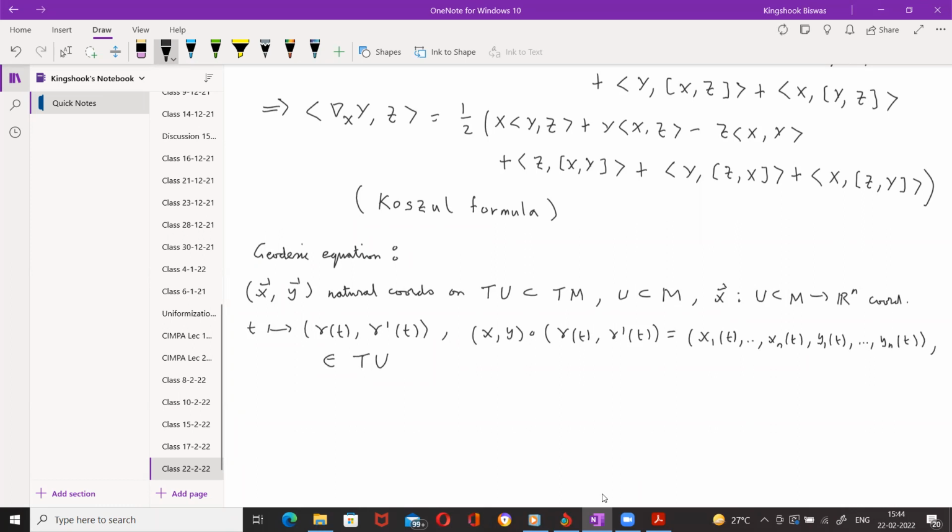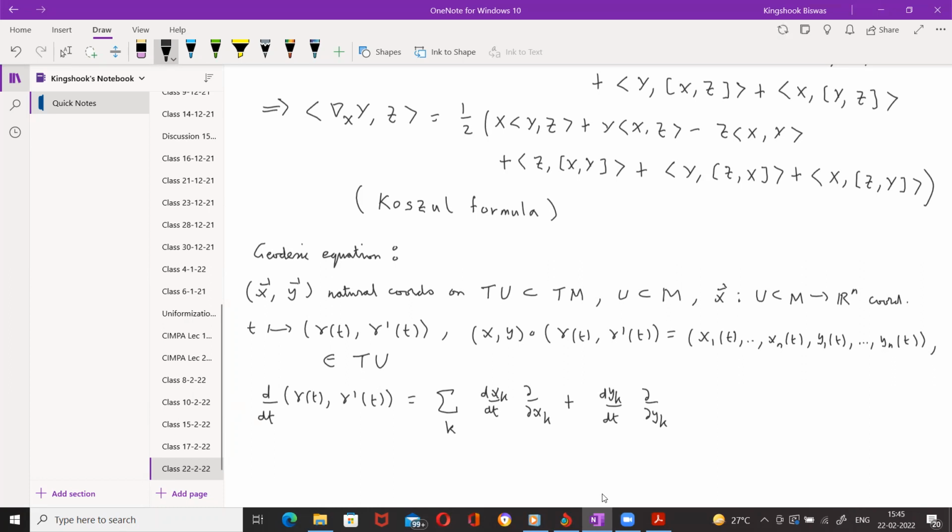Okay. And what do I know? I know that d/dt of (gamma(t), gamma prime(t)) is going to be the sum over k of dxk/dt del/del xk plus dyk/dt del/del yk, right?